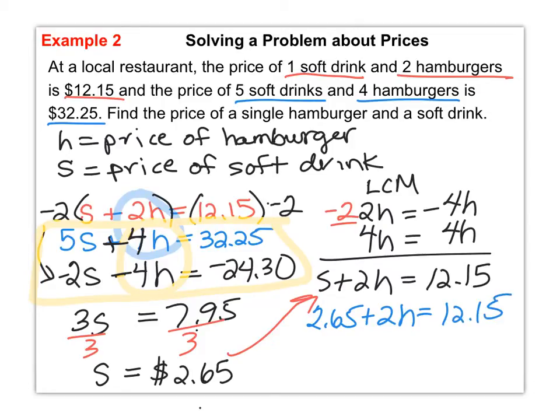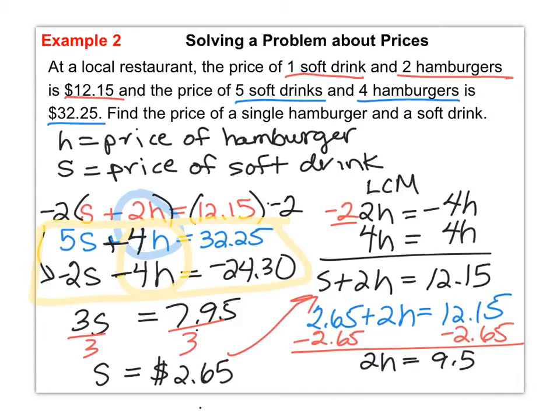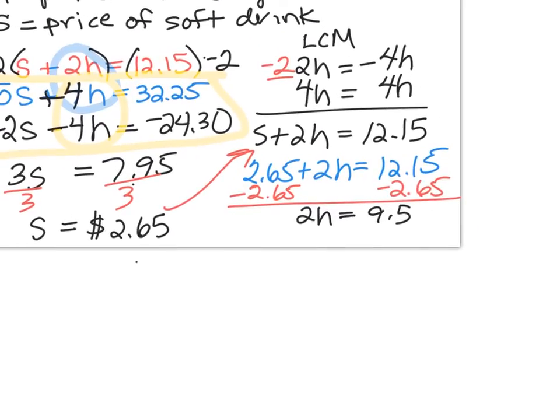I'm going to solve this equation for H by subtracting 2.65 from both sides. And the result is 2H equals 9.5. And then we can divide by 2 on both sides, and we get H equals 4.75. So the price of a hamburger is $4.75.